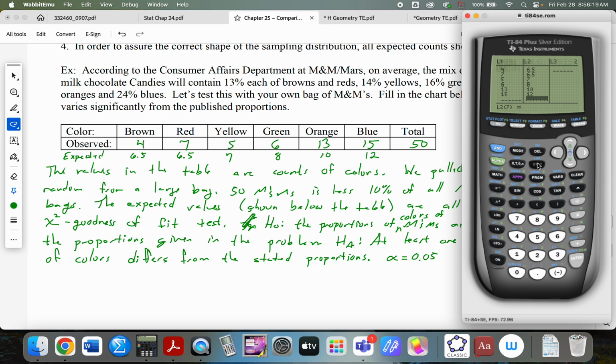Now I'll go back to stat test and scroll all the way down to D, or you can do alpha D for the chi-square goodness of fit test. There are 1, 2, 3, 4, 5, 6 colors, so yep, the degrees of freedom is 5. And we'll calculate the chi-squared statistic is 3.72 with a p-value of 0.59.